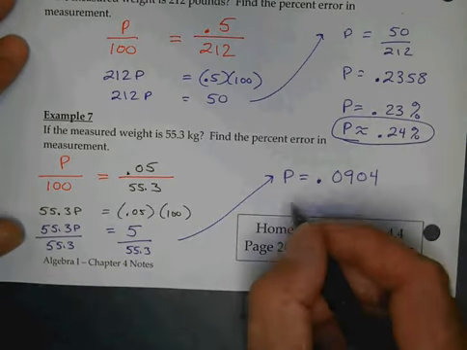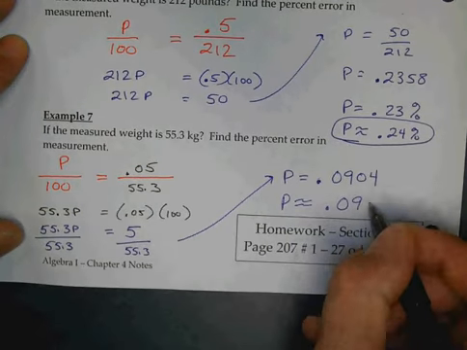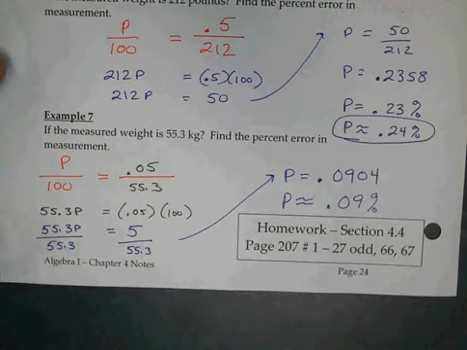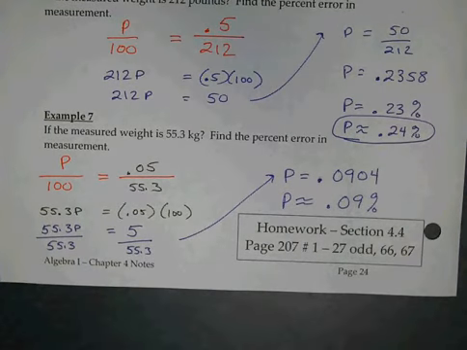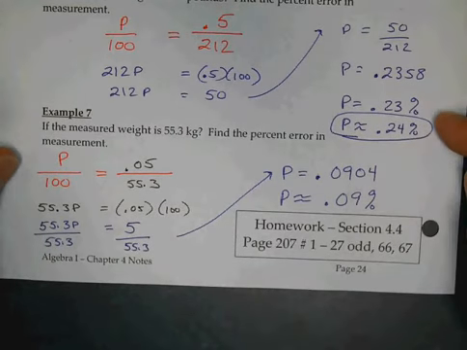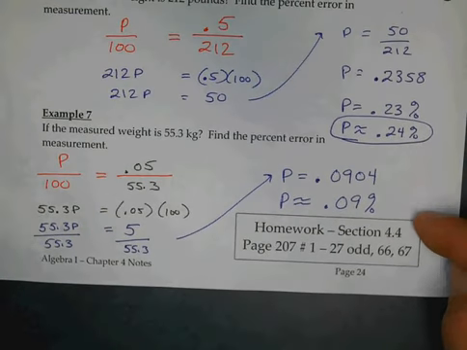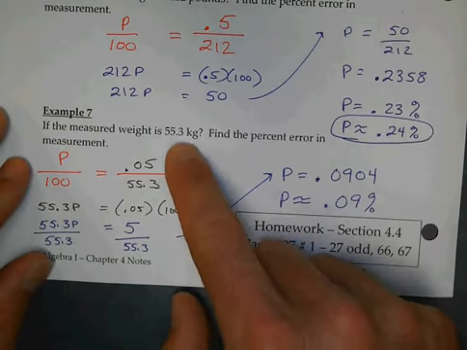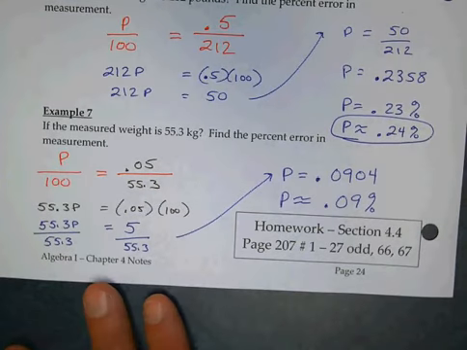So our percentage to the nearest hundredth, 0.09%. Basically, that's about 1/10%. Which is more accurate, example 7 or example 6? Example 7 is a more accurate measurement because they measured to the nearest tenth, not the nearest pound. So it all depends on how we go through there as we're working it out.